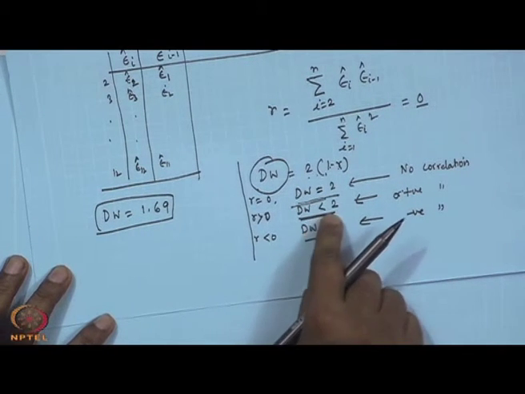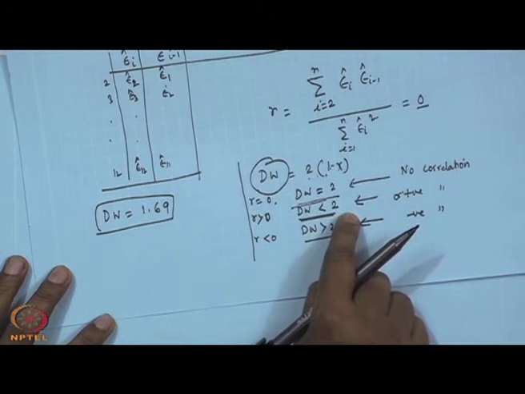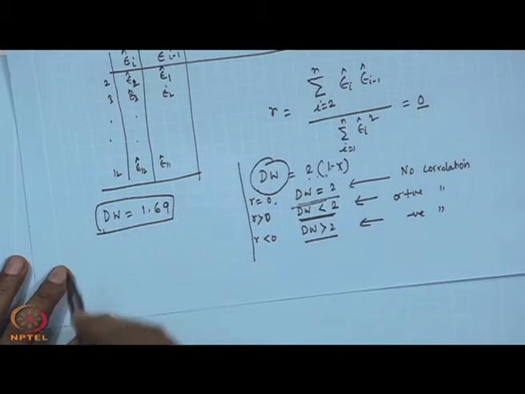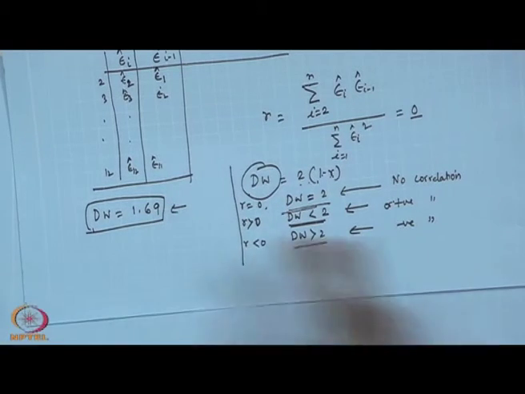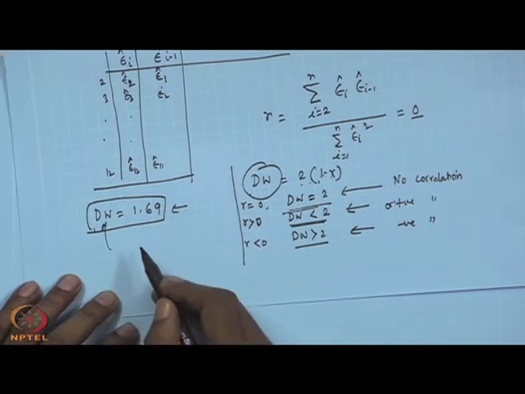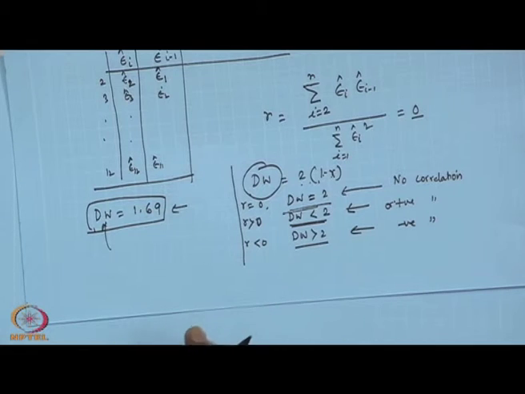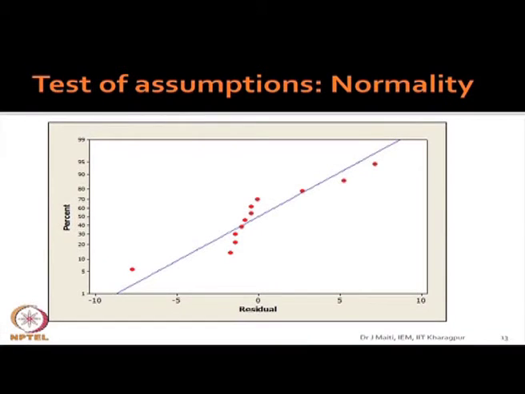So, it is a little less than 2. A little positive correlation is there, but it is the point estimate only. You may be interested in an interval estimate also, and you have to go for the statistics distribution, and accordingly you will be able to find out.